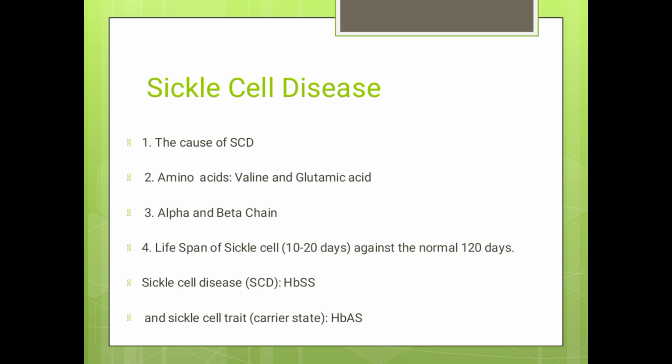You have 50%, the other one has 50%, so when you give your 50% and another one gives 50%, you are producing an offspring that will get 100%. Though all the children may not, some may skip this, it is not advisable. A majority of them will get sickle cell disease. But when one is a carrier and the other one is totally negative, then you can go ahead and do what?